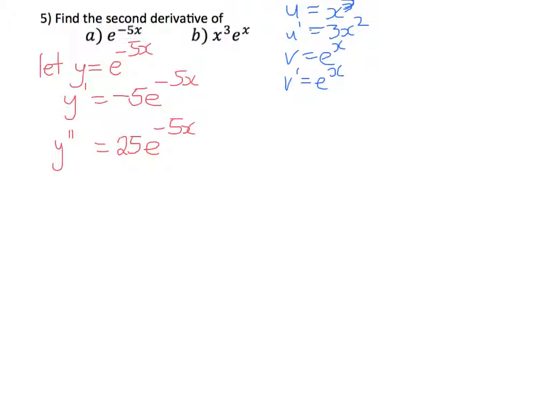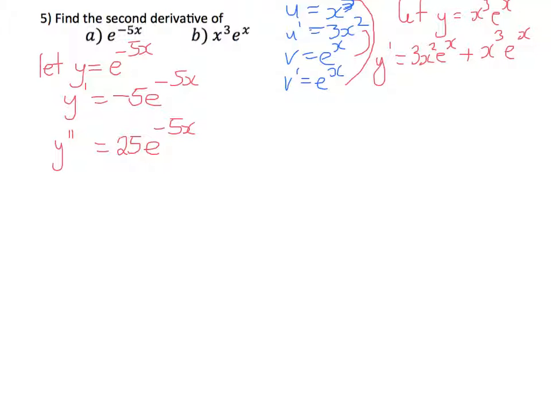So the product rule is insides plus outsides. So if we let y equal x cubed e to the x, then y dash equals 3x squared e to the x, plus x cubed e to the x. Alright, so that's the first derivative.